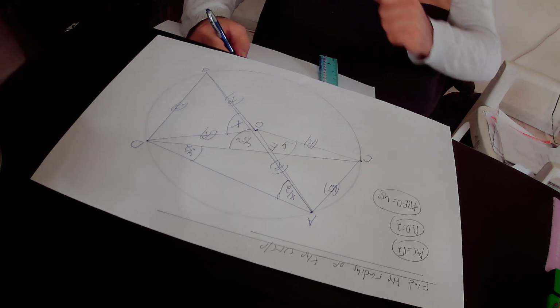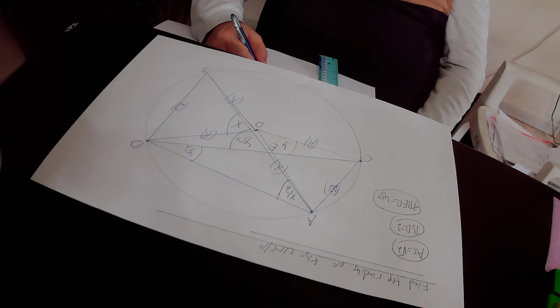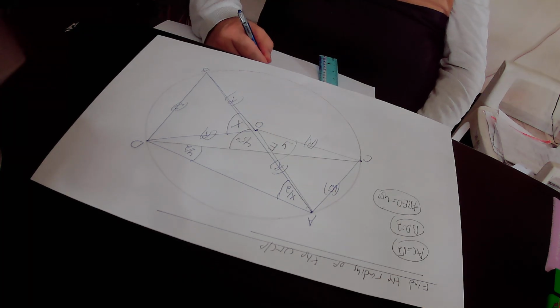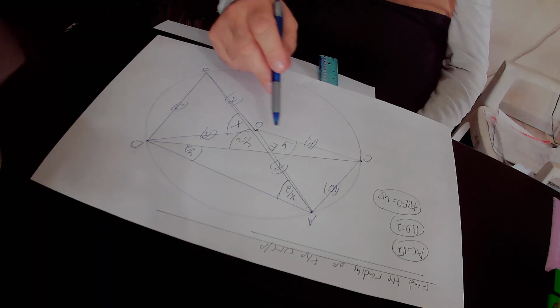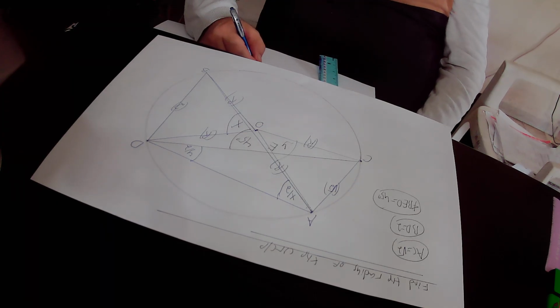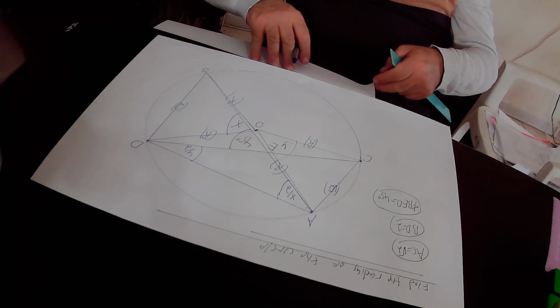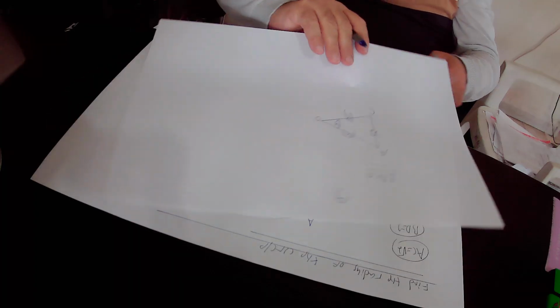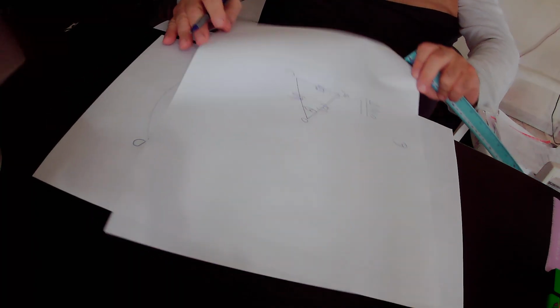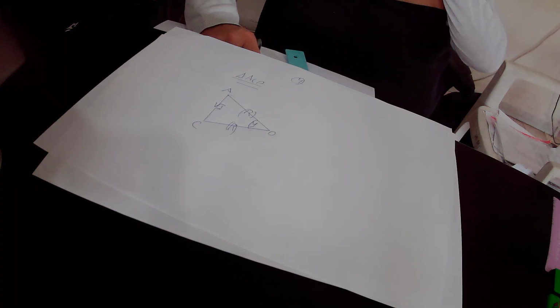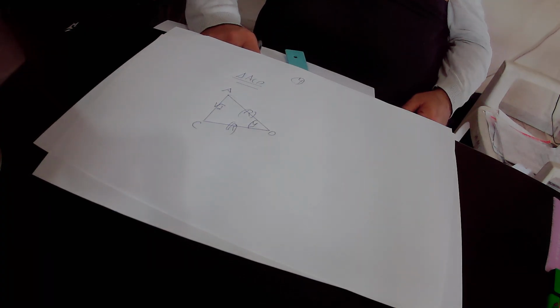AO is the radius of this circle, the radius that we are looking for, that equals R. And OC is also equal to R. This is angle COA, that equals Y. So this is triangle AOC that comes from the original drawing. Now we will implement the law of cosines in this triangle AOC.